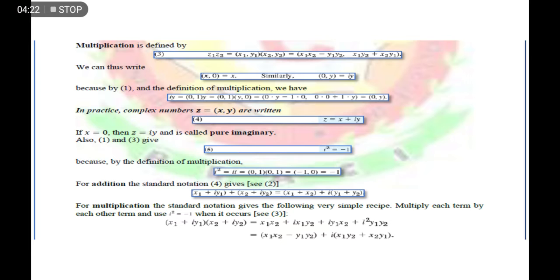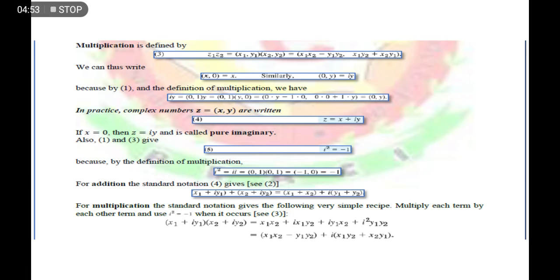So we have here the rules for multiplying two complex numbers. For example, we have z1 represented by x1 and y1, and z2 also represented by x2 and y2. If we multiply them, we have x1 times x2 minus y1 times y2 for the real numbers, and x1 y2 plus x2 y1 for the imaginary numbers.